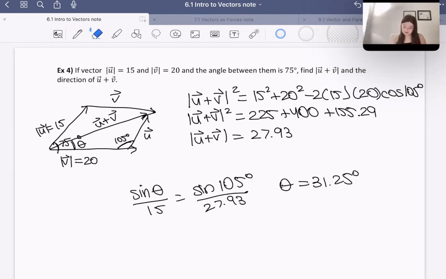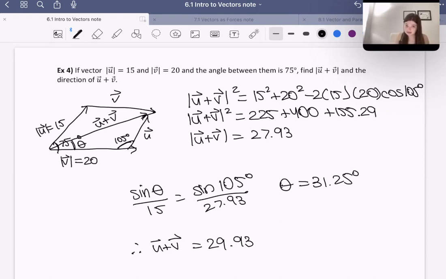So then we're going to say, therefore, u plus v, our resultant vector, is equal to 27.93 units. It didn't actually tell us units, so I'm just going to write units as a word. And it's going to be 31.25. And let's see, they didn't tell us which directions to use, so I will just use north, south, east, and west.